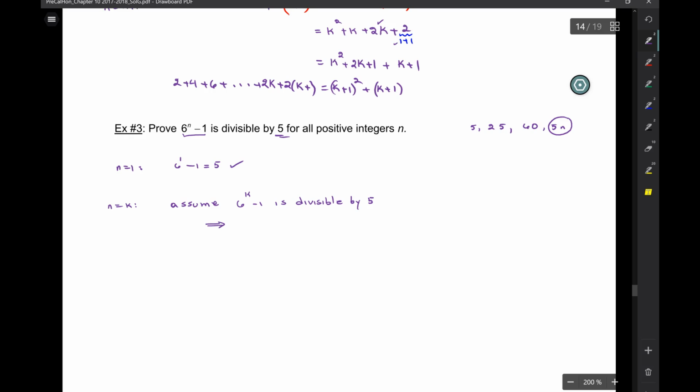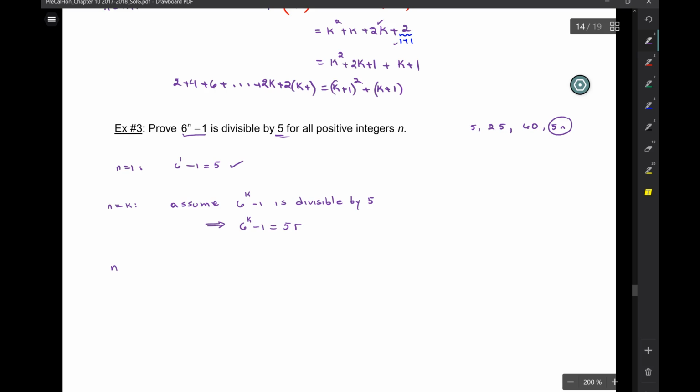That would imply that 6 to the k minus 1 is equal to 5 times some random number r. I don't want to use n because n is used everywhere. So let's just do 5r. Okay? Now, this is the kth step.